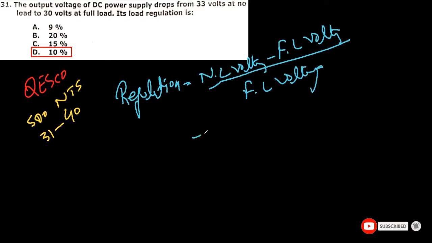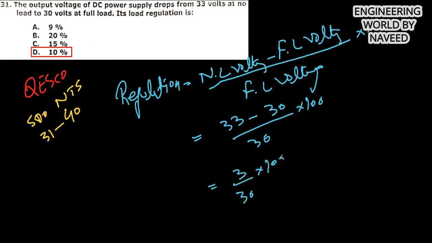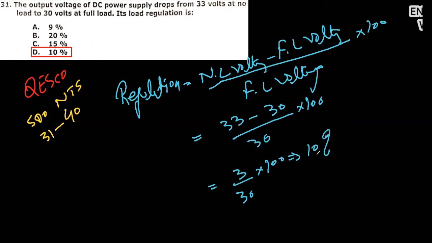So putting the values, no load voltage is given to us, that is 33, full load is 30, divided by 30 times 100. So that will be equal to 3 divided by 30 times 100, and that is equal to 10%. So option D is the correct answer.